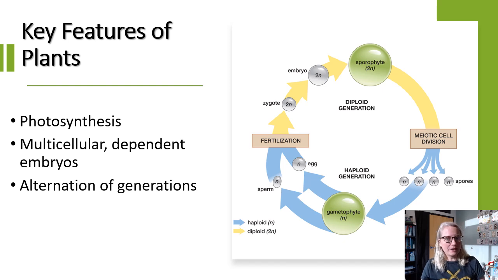All plants are multicellular, so there's no single-celled plant in existence, with dependent embryos. And they go through their reproductive cycles in what we call alternation of generations. So you're going to see very clear, distinct life stages with both the diploid and the haploid generation. We can see this generic alternation of generations here in this guide.